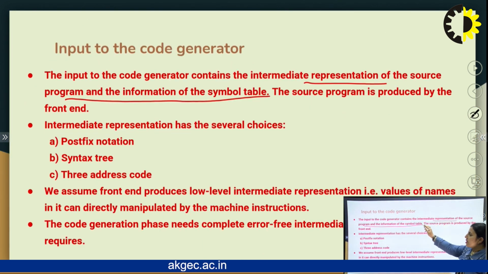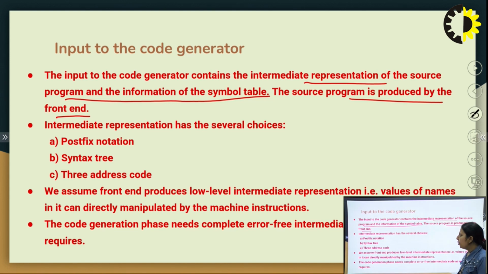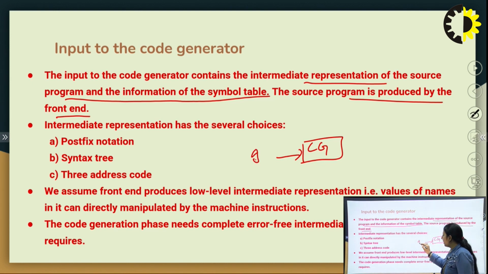These are the inputs for the code generator. The source program is produced by the front end, as I discussed in my previous slides. So the input to the code generator is the intermediate code.